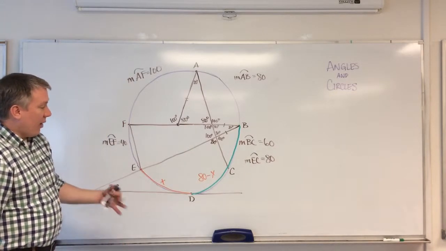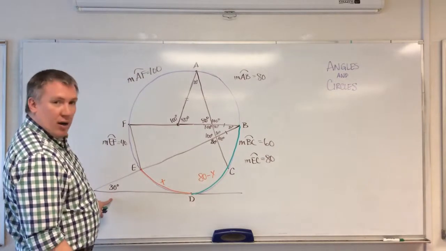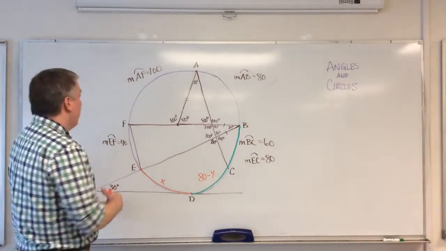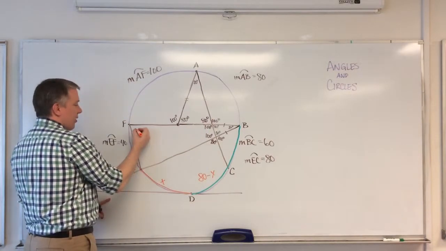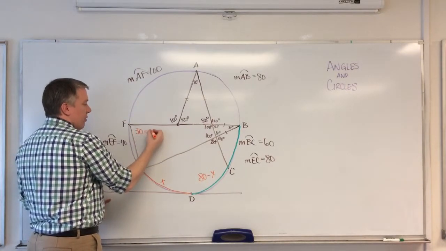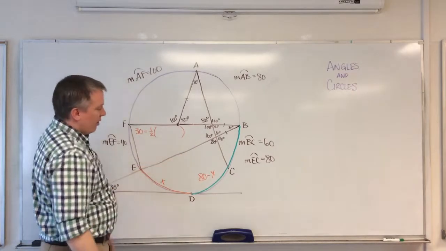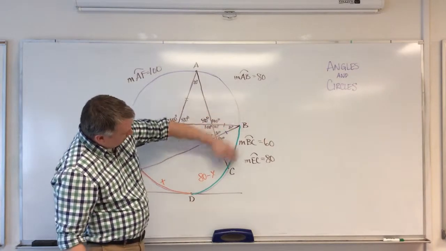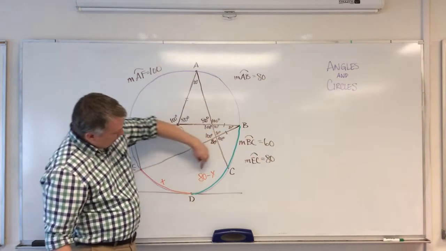So here now we have a formula here that the measure of the outside angle, which is 30, let me find a place to write this, so 30 is equal to half of the difference. So the outside one is this green one, which has 60 plus what's here.